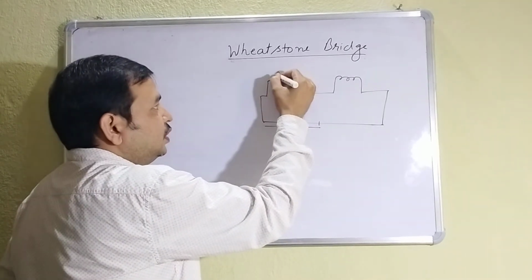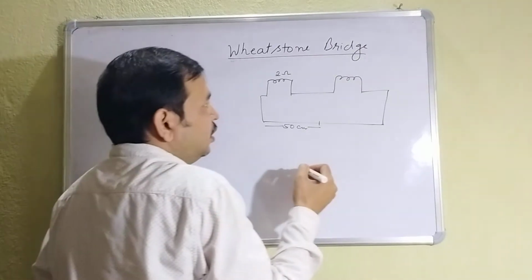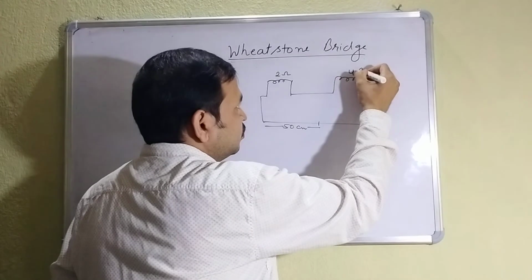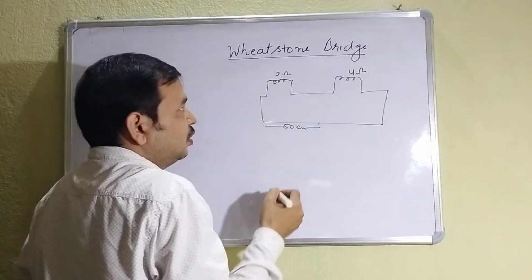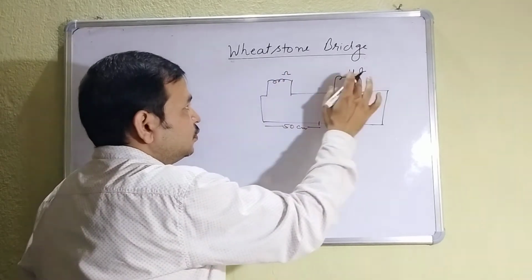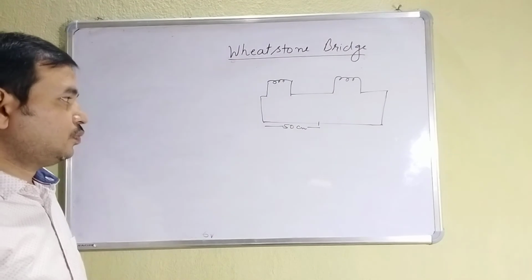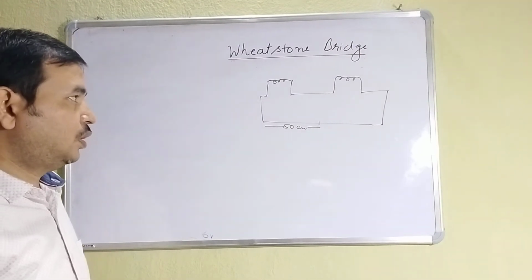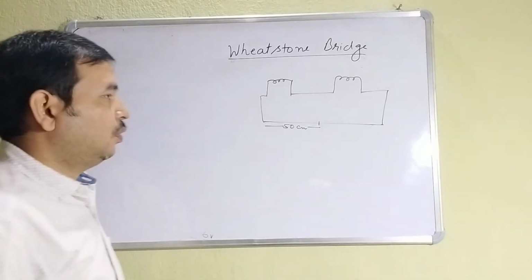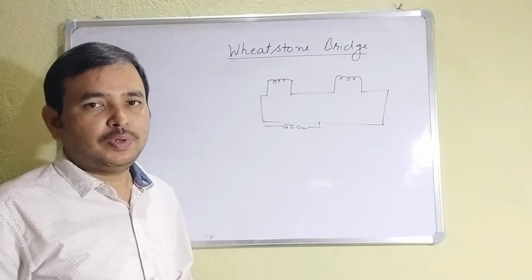Suppose it is given when this is 2 ohm and this is 4 ohm, then, okay, I am telling you only the pattern because data is available in the book, you can see.